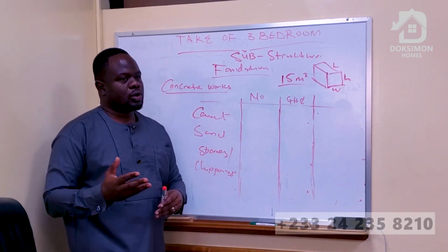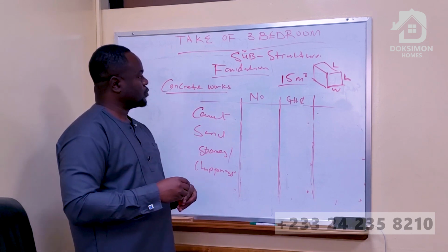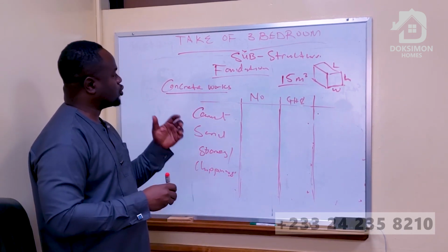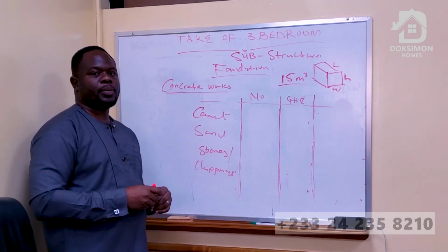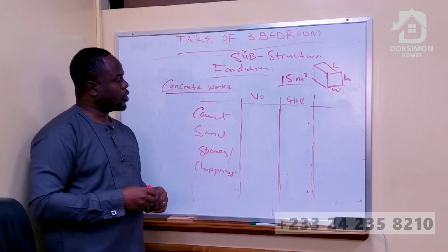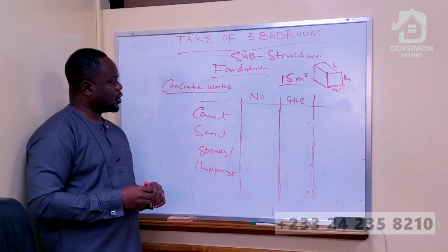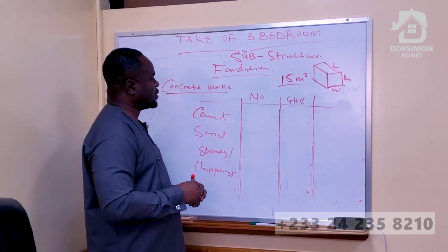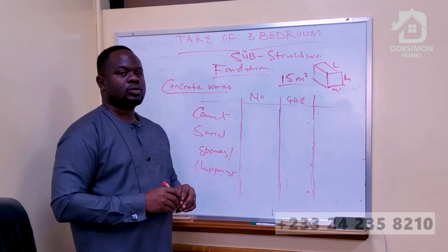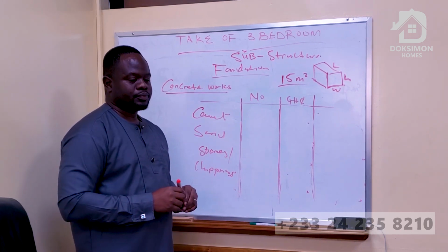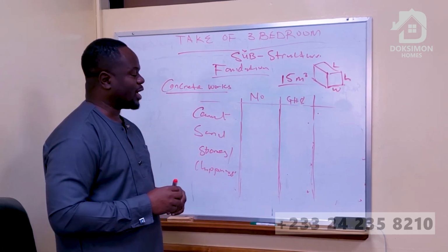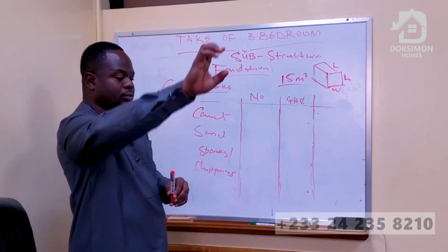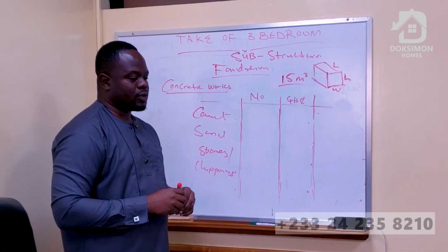So ensure whatever goes into the building, you can have an idea. If you don't have time for these things, we assure you that we are ready to support you by supervising your projects and ensure that the right thing goes down there, because that is just the foundation. That is the first core of the building. If you don't have a good foundation, I assure you, you might not be able to sleep at all, and that is not good for your health.